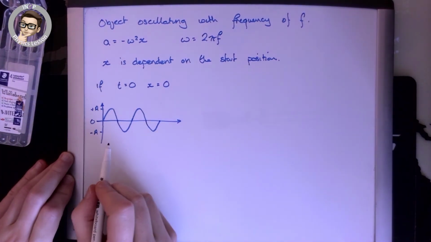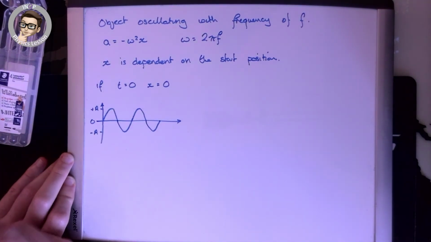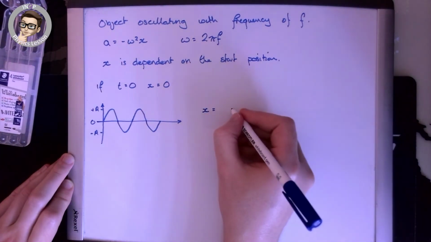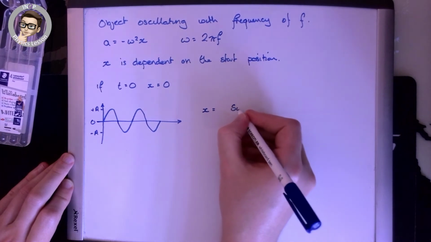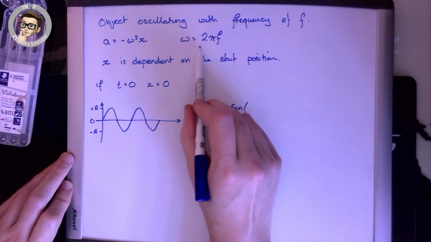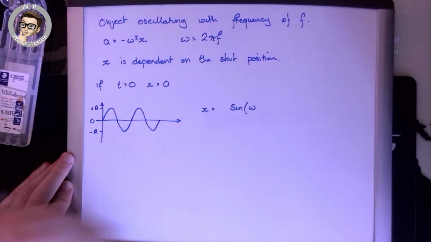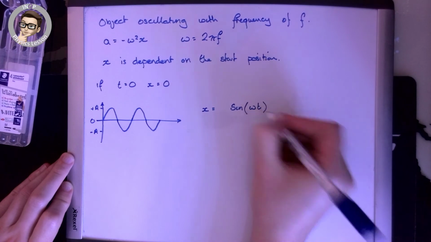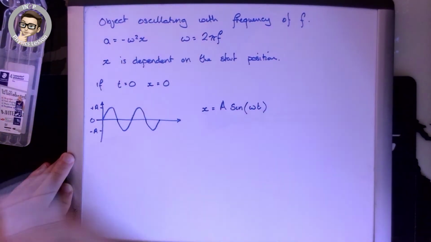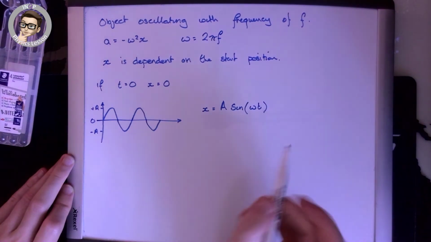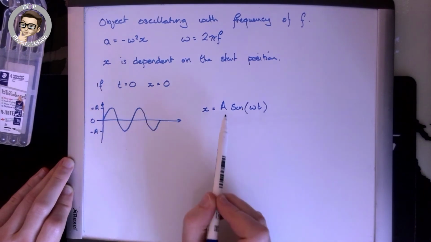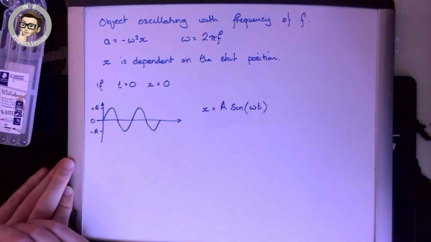And we can see we've got a sine curve. So our solution for x is going to be sine of omega multiplied by the time, but the maximum it's going to reach is my amplitude. So our solution to this situation where it starts at 0 is going to be x equals A sine omega t.